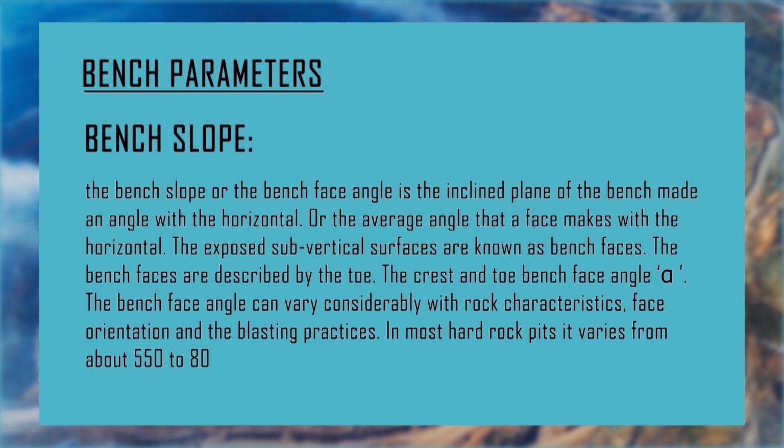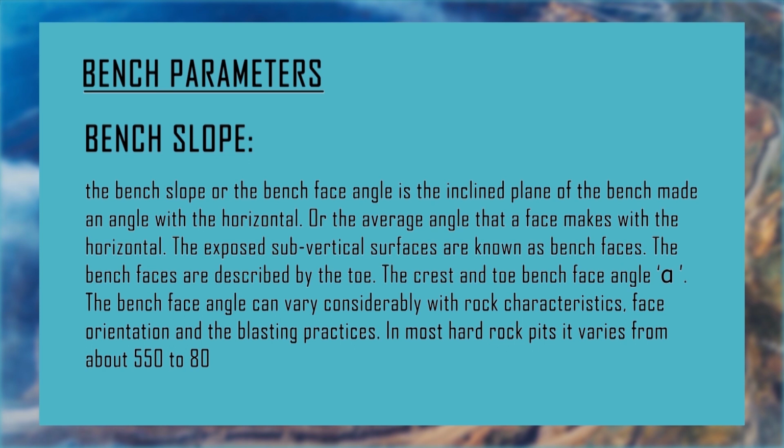The exposed subvertical surfaces are known as bench face, and bench face is described by the toe and crest. The bench face angle alpha can vary considerably with rock characteristics, face orientation and blasting practices.